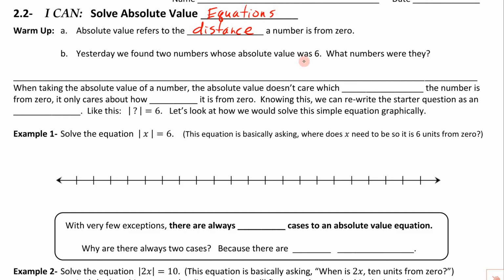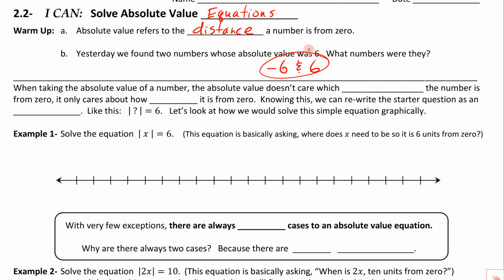If their absolute value was 6, that means both of them were 6 units away from 0. Well, those numbers that were 6 units away from 0 were -6 and +6. So those were the two numbers that had an absolute value of 6 from yesterday. So when we're talking about absolute value of a number, the absolute value does not care which direction the number is from 0.